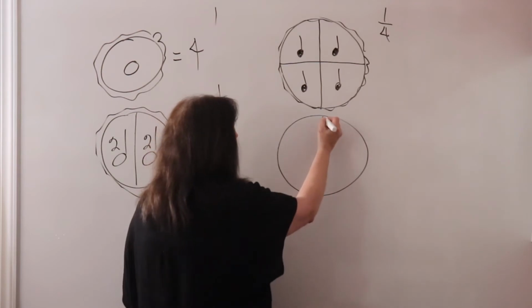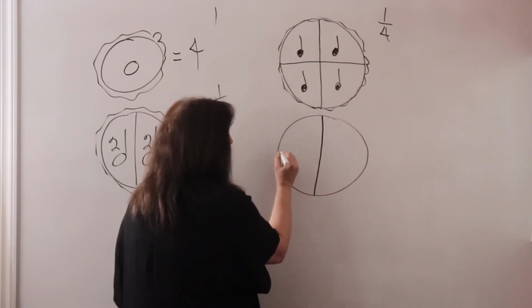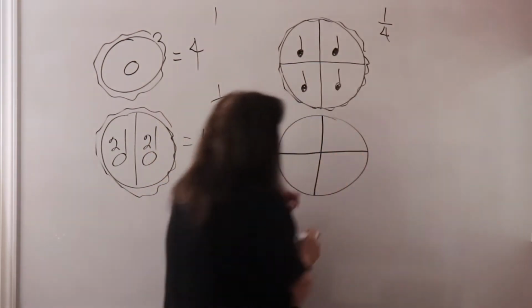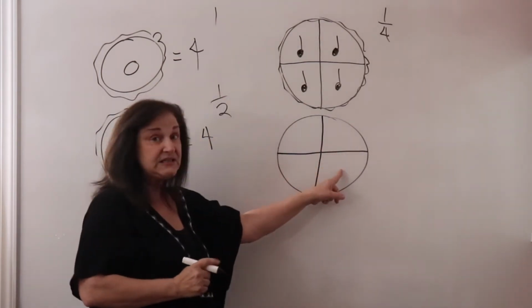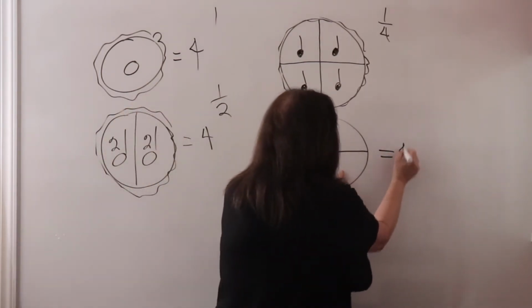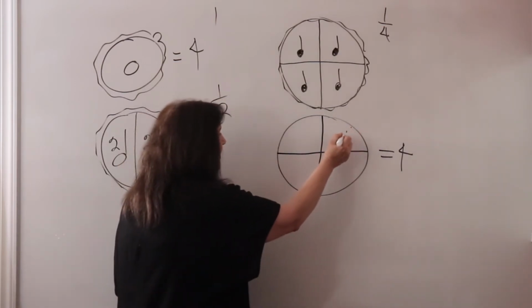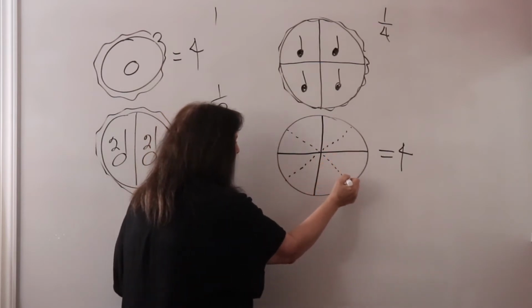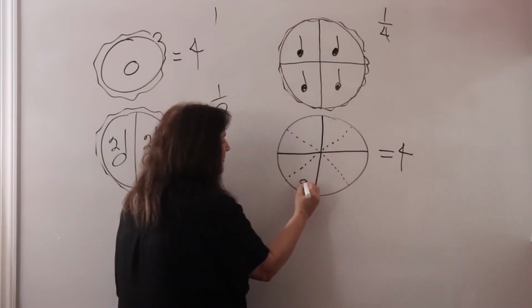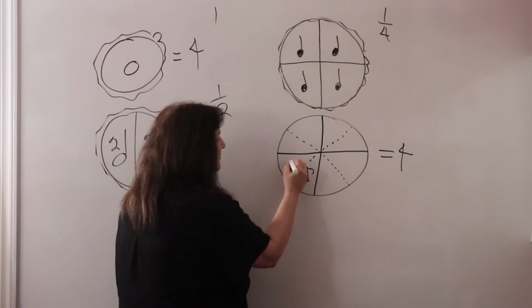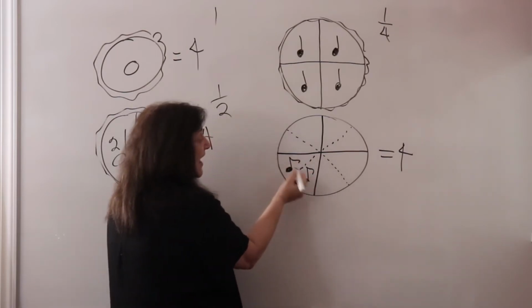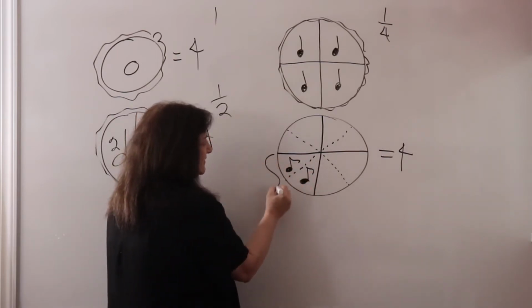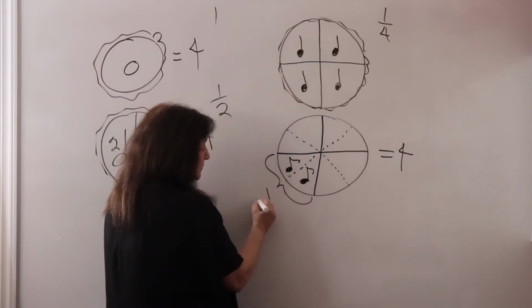So here's my pizza pie. I'm going to go ahead and divide it in 4. It still equals 4, but I'm going to cut each one of the quarters in half. Now we have the eighth note. That is a half a beat, and remember we have it designated by flags. This equals 1, or a quarter note.